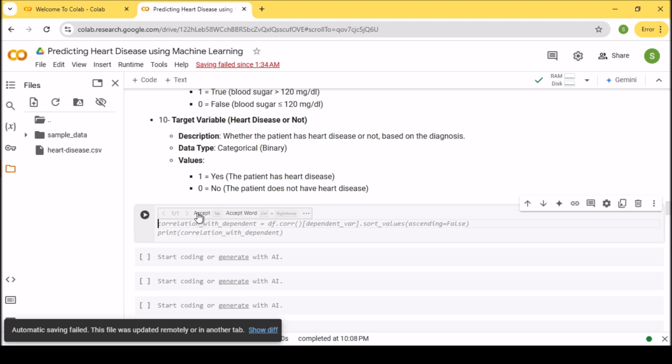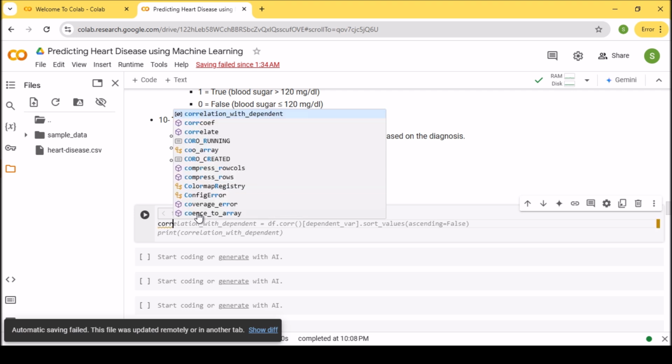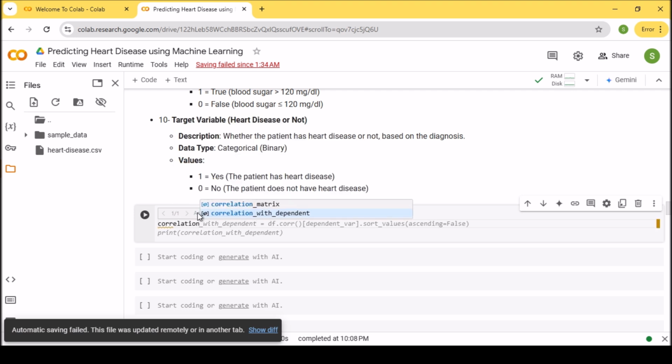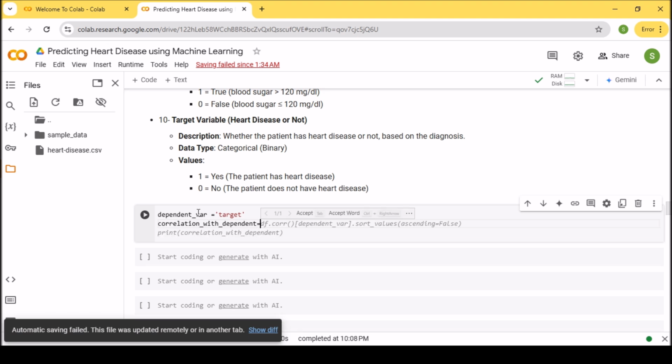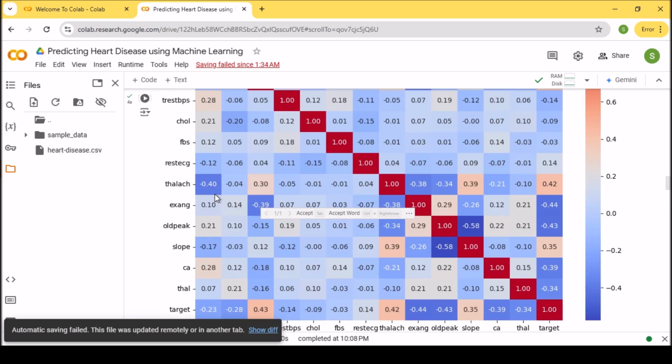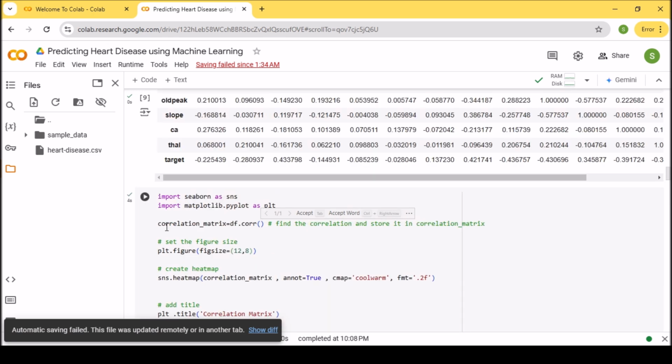Next, let's create a variable that will take the sorted values so we can print it easily. It's equal to, you remember the correlation matrix that we have created earlier, which is this one?